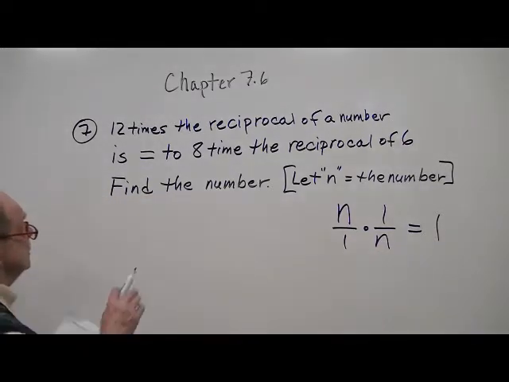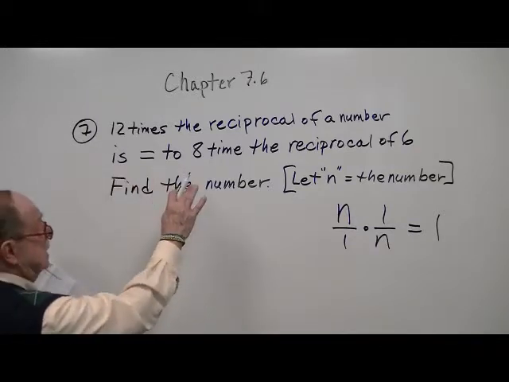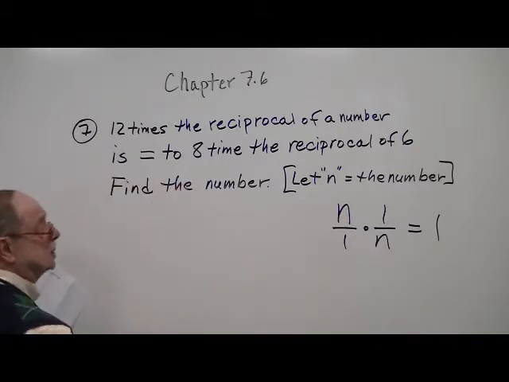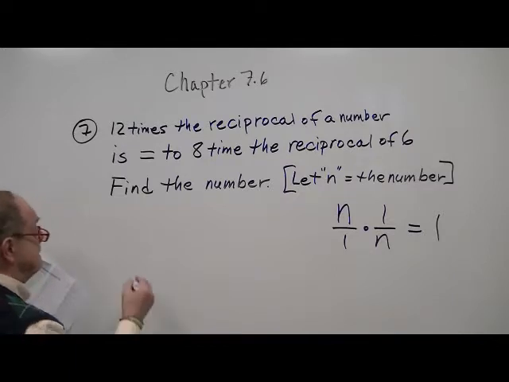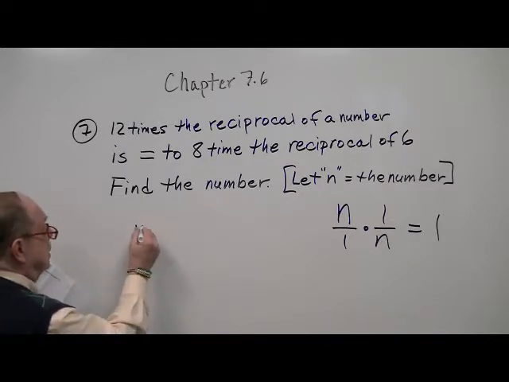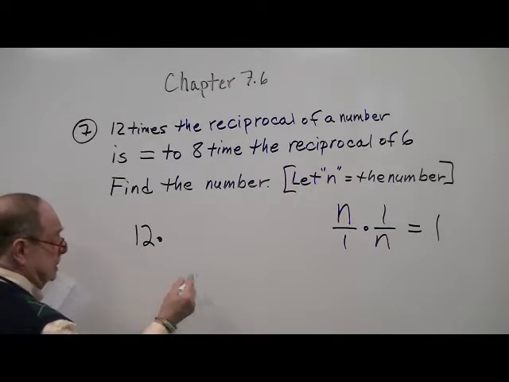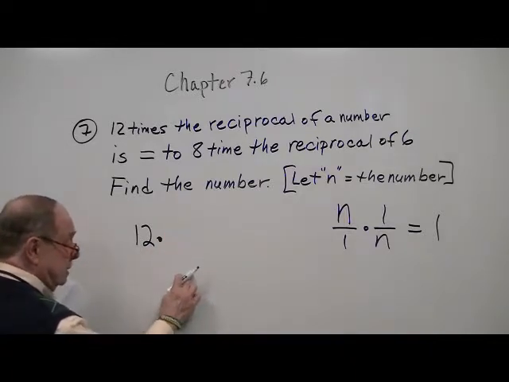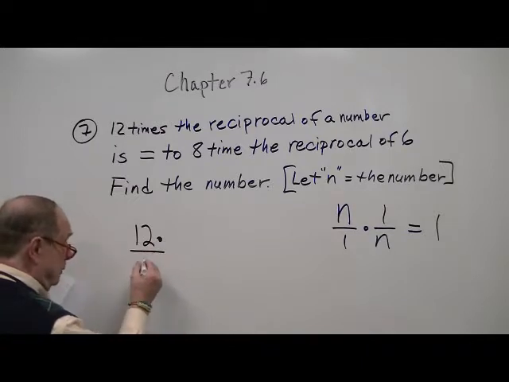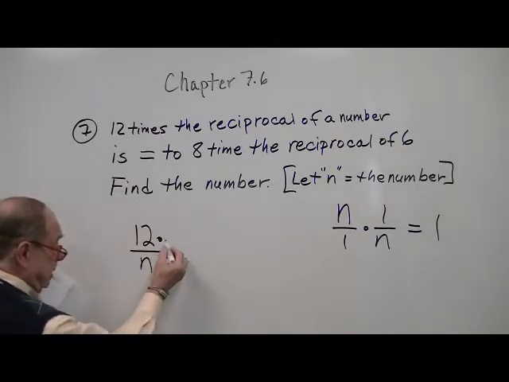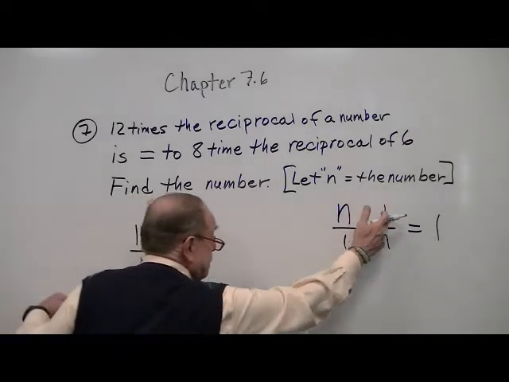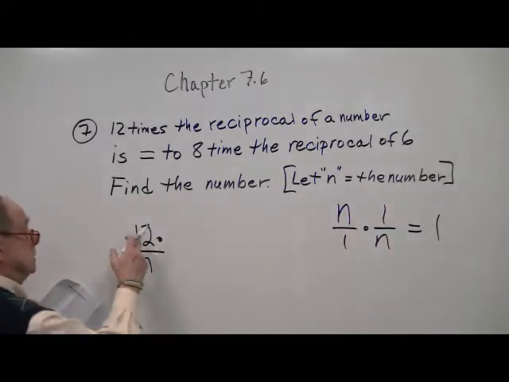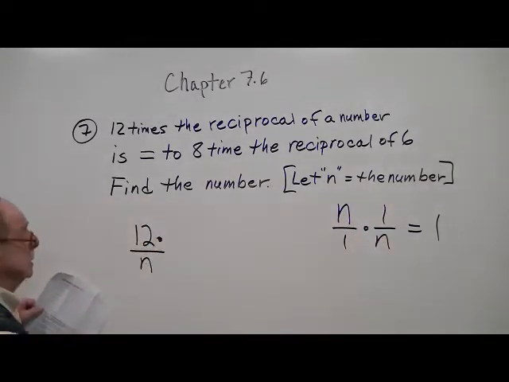So as we convert this, it says 12 times the reciprocal of a number. Well, 12 times the reciprocal of 1 over n will be 12 over n, because 1 over n times 12 is 12 over n.